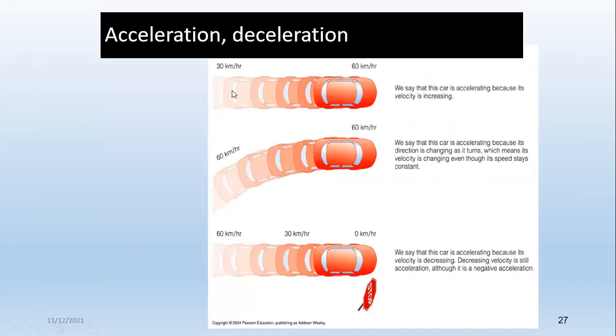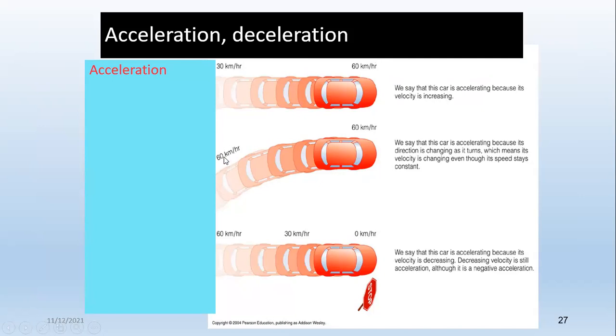In this case, where the speed is decreasing and it's moving in a straight line, we can call it uniform acceleration. In this case, the speed is increasing, or the velocity is increasing, traveling on a straight line. Whereas in this one, the speed is the same, 60 kilometers per hour, but velocity changes.